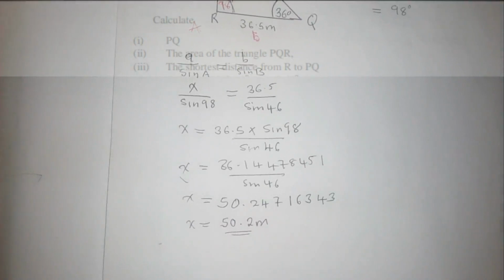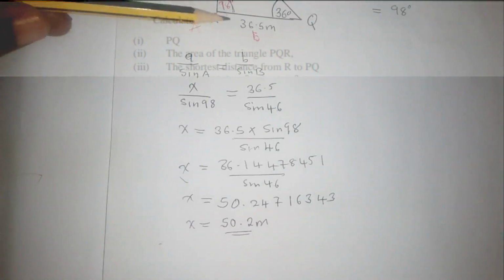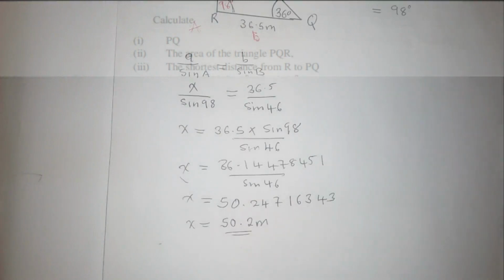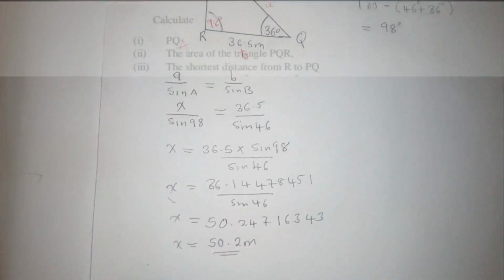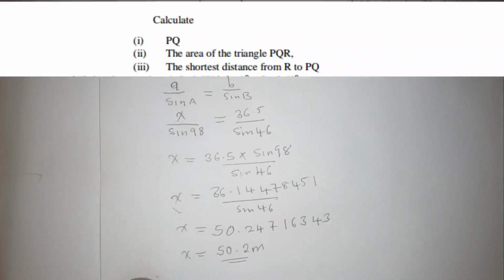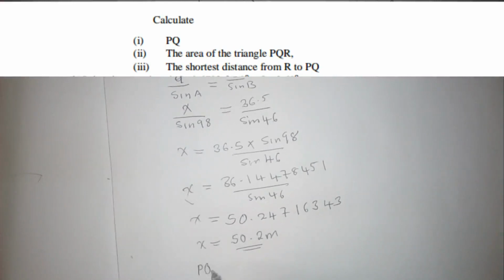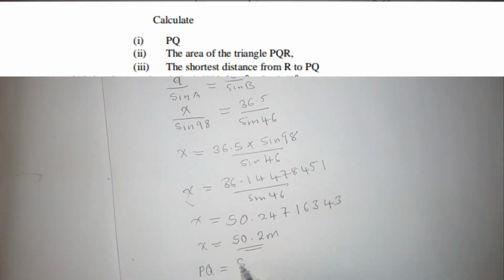I've decided to put it in one decimal place because the length we are given here is in one decimal place. So this is our answer for question 1, or PQ, even write PQ is equal to 50.2 meters.